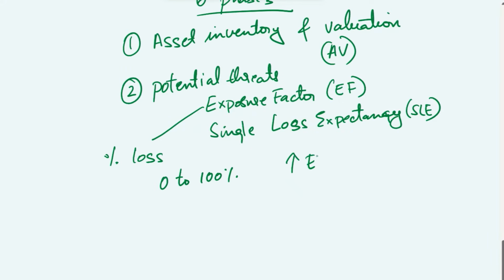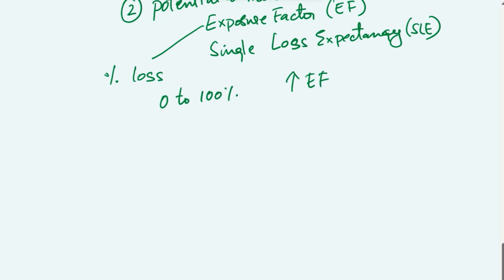A higher EF means that the risk event would result in a more significant loss to the asset. Let's say, for example, if an asset has an exposure factor of 30%, it means that the organization would experience a loss of 30% of the asset's value if the risk materializes.